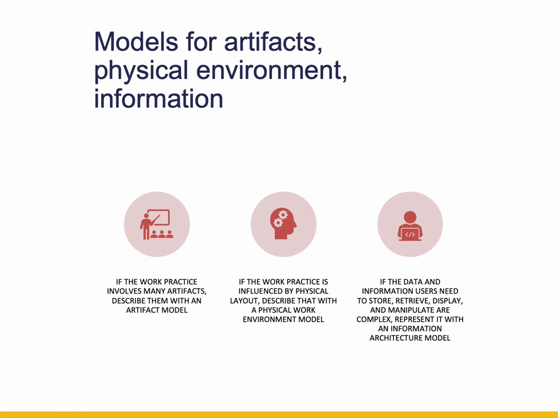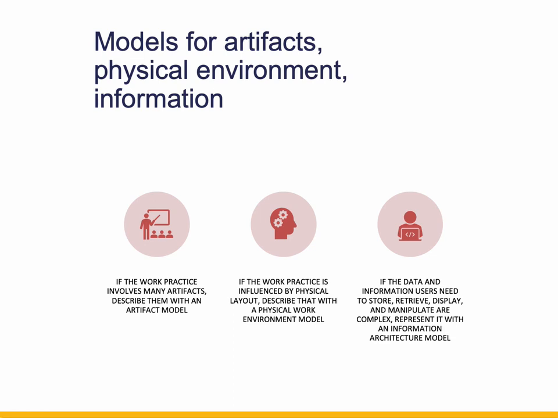So basically, if you have to describe the environment with which someone works, think air traffic controller. They might have a desk that has 3 monitors, similar to a developer. That would be described with a physical work environment model.